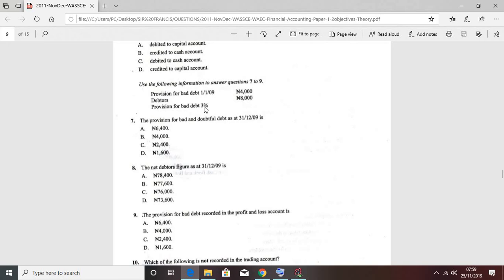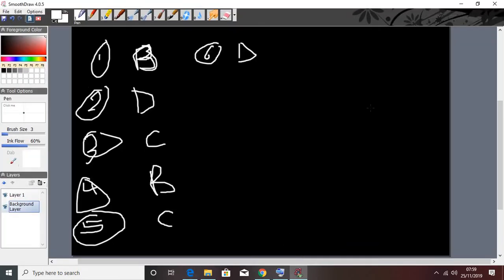Okay, so let's see how we can get the workings. So I'm going to use some aspects here. So 3% of, as I said, I'm going to use 80,000. 80,000 will give us what?